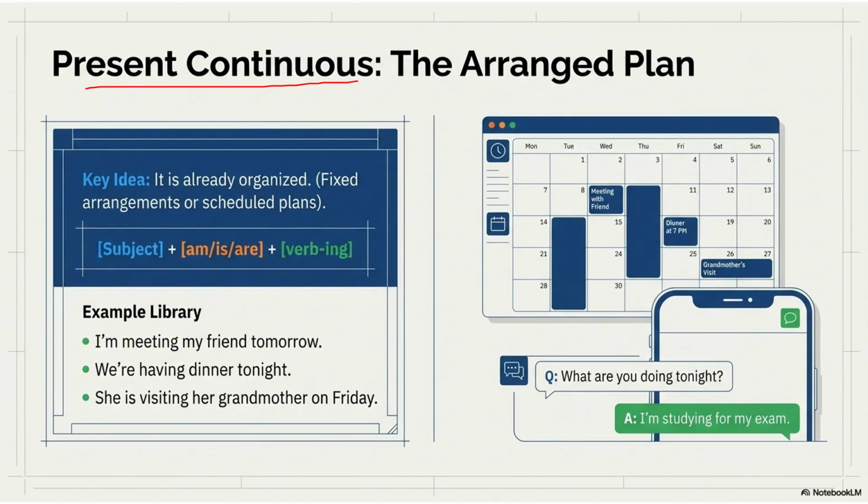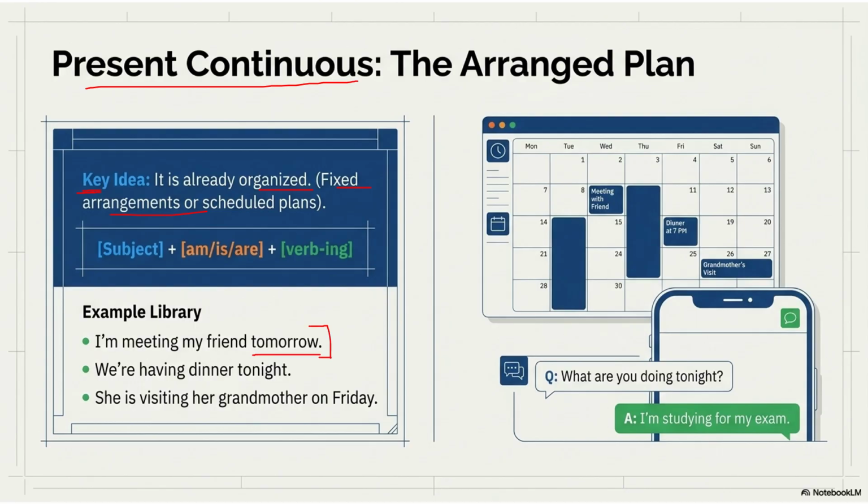Let's look at this closely. So the key idea, this is the word I was using before, key. The key idea is this. It is already organized, fixed arrangements, or scheduled plans. Okay? Examples. Let's see. I'm meeting my friend tomorrow.